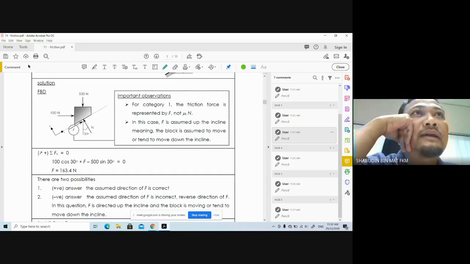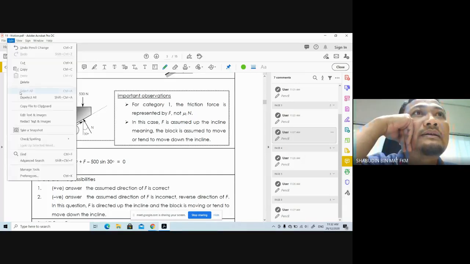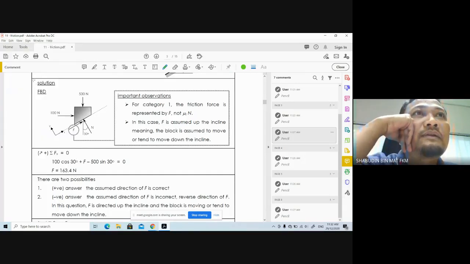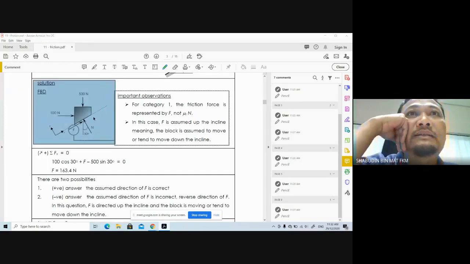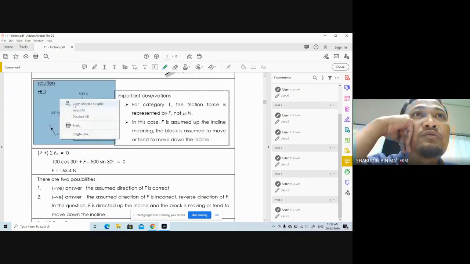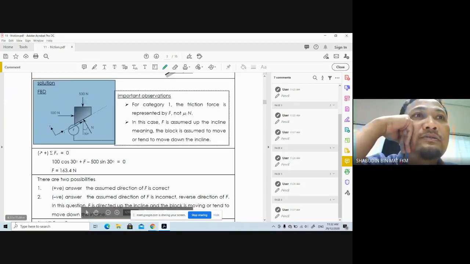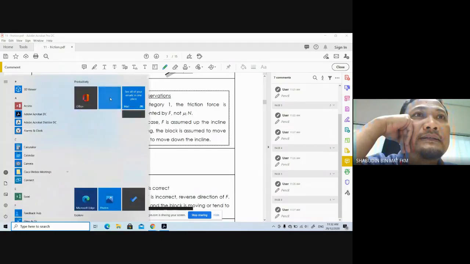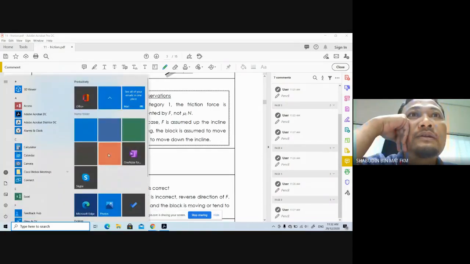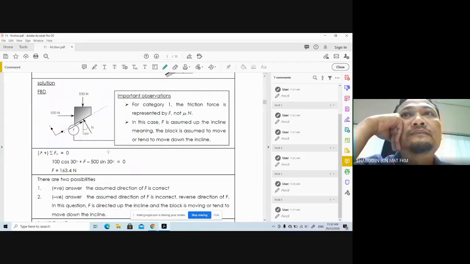If you want, I can draw, edit and take a snapshot of it, because some have problems resolving this correctly in the examination, which one is cos, which one is sine, and so on. So we go to here.